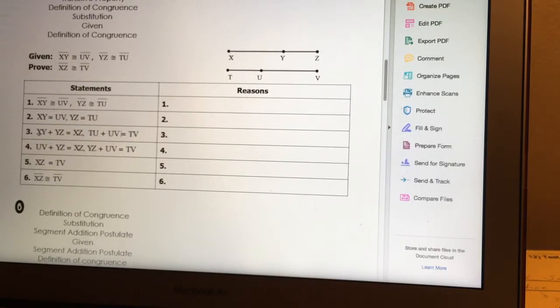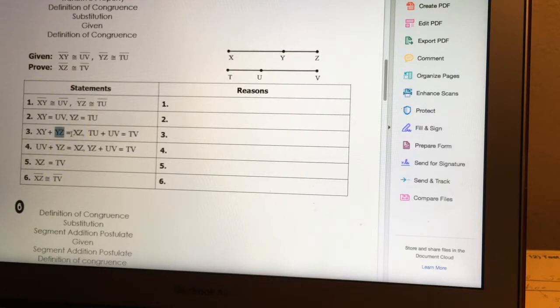So XY plus YZ equals XZ. Where do we see a picture or something that helps us with this? Well, notice up here, XY plus YZ equals XZ. Any ideas of what this could be? Well, it's actually the segment addition postulate, because it allows us to break up a segment into the sum of its parts.